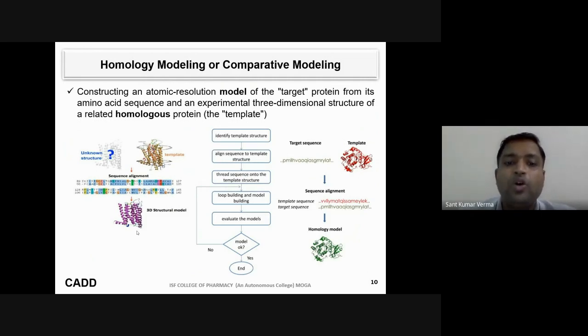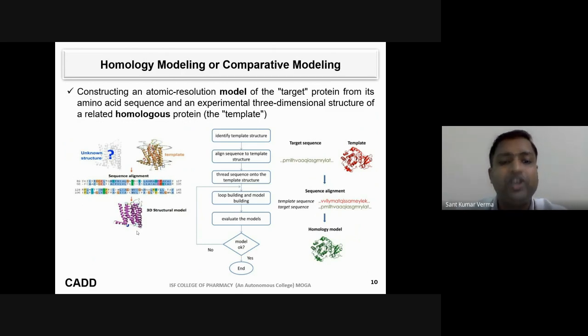The steps: identify a template structure which has similarity with your desired protein, then align the sequence to the template structure, thread the sequence onto the template structure, do loop building and model building, assign the missing residues and join them using loops, and evaluate the model.